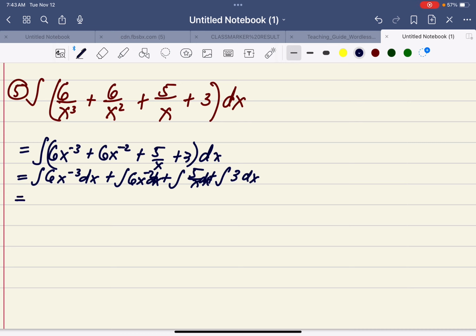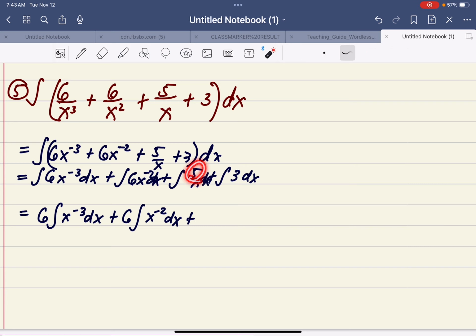Since we have a coefficient, we can write that coefficient outside the integral symbol. So we have 6 integral of x raised to negative 3 with respect to x plus 6 integral of x raised to negative 2 with respect to x plus, so 5, that will become 5 antiderivatives of 1 over x with respect to x plus 3 antiderivatives of dx.